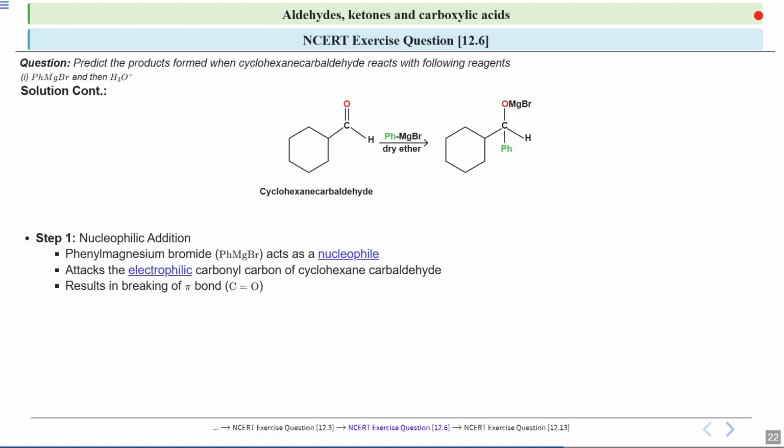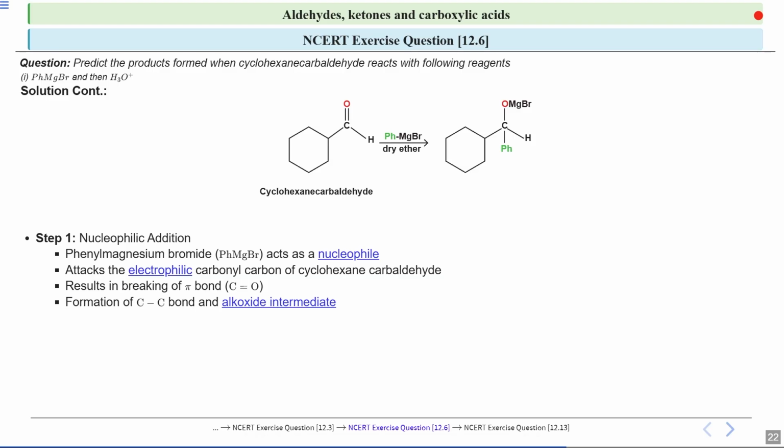When the nucleophile attacks, the pi bond in the carbonyl group breaks. When this nucleophile attacks the carbonyl carbon, the pi bond breaks. The double bond between the carbon and oxygen now becomes a single bond, and the oxygen picks up a negative charge, which forms an alkoxide intermediate.